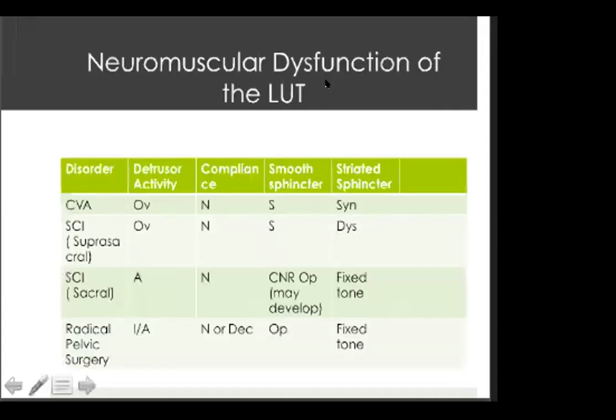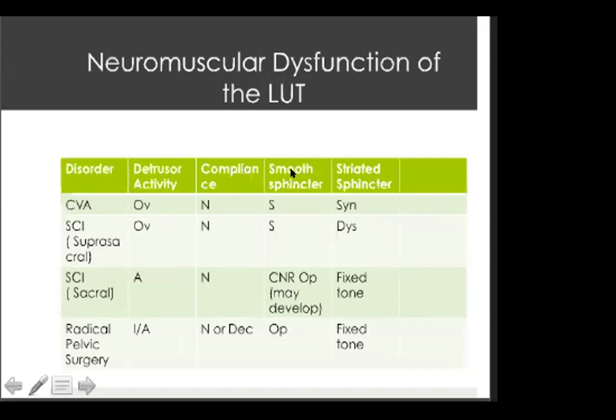So for the neuromuscular dysfunction of the lower urinary tract, these are the following disorders. So if the patient has CVA, pwede magkaroon siya ng overactive detrusor muscle, and then pwede magkaroon ng normal compliance.